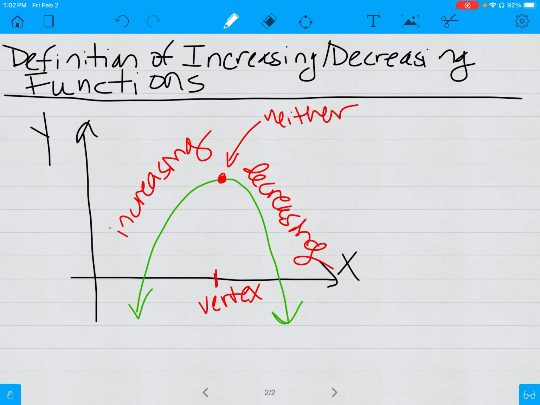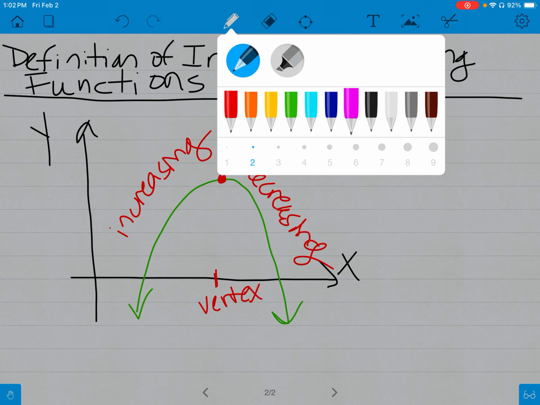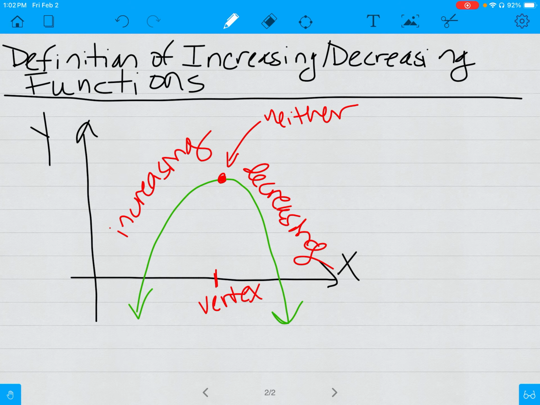The other way to think about this graphically is we can actually think about the tangent line. We've talked about tangent lines in previous videos. If I'm looking at this left-hand side of the function that we already have labeled increasing, if I look at any point along this side, I can see that the slope of the tangent lines at those points is positive.